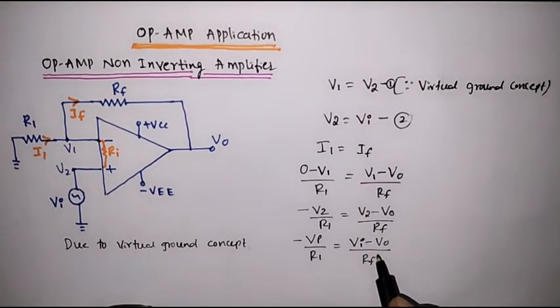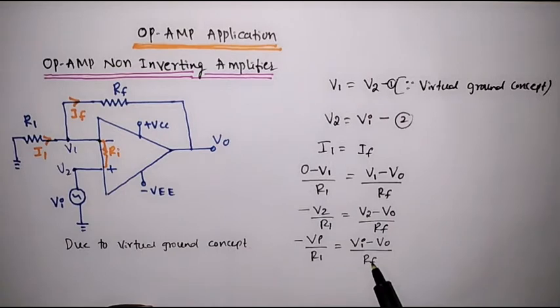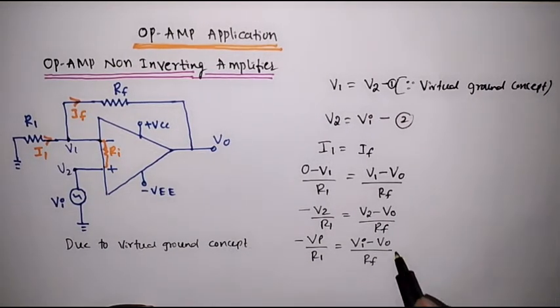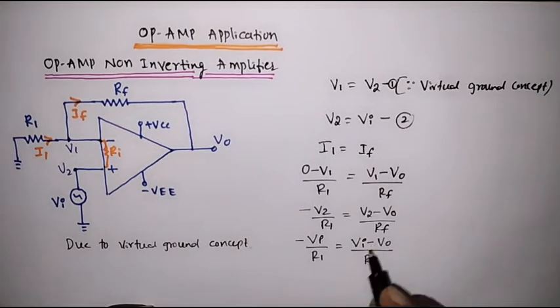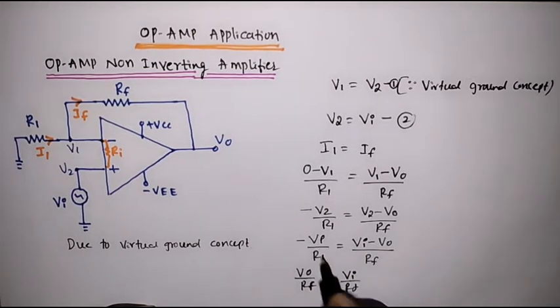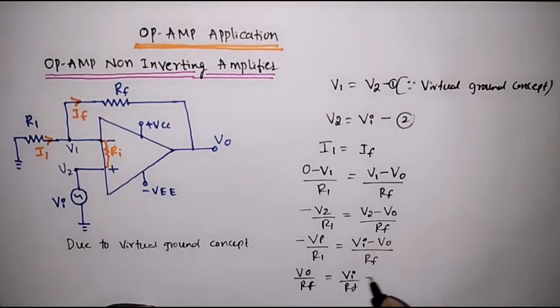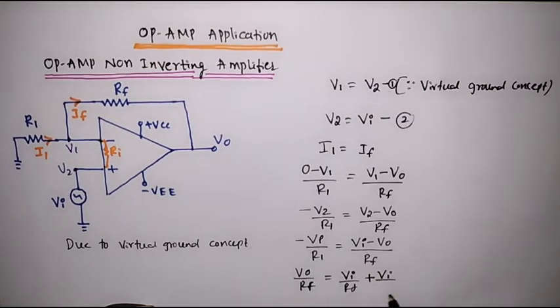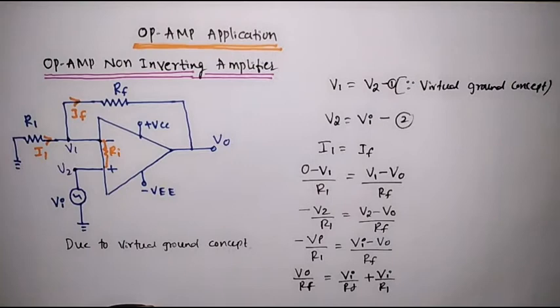Now I'll simplify this. I'll take VO by RF on the left hand side and Vi by R1 I will write on the right hand side, so the minus term will become plus. I can write it as VO by RF is equal to Vi by RF, and I'll take this on the right hand side, it will be plus Vi by R1.